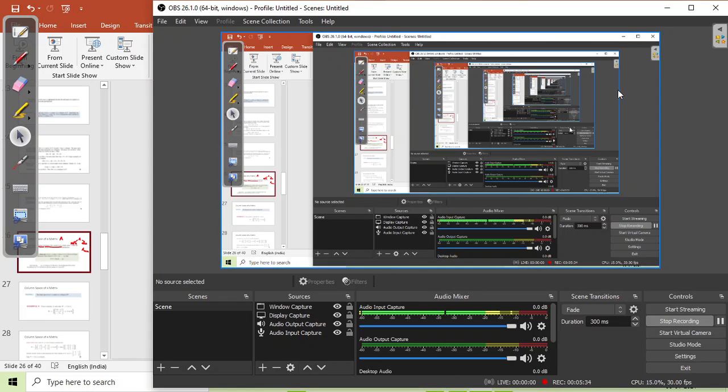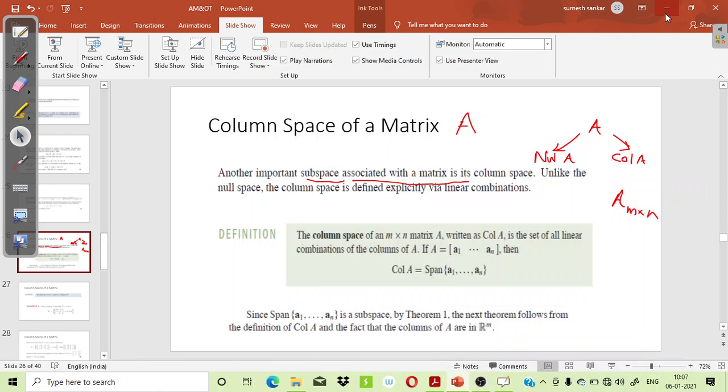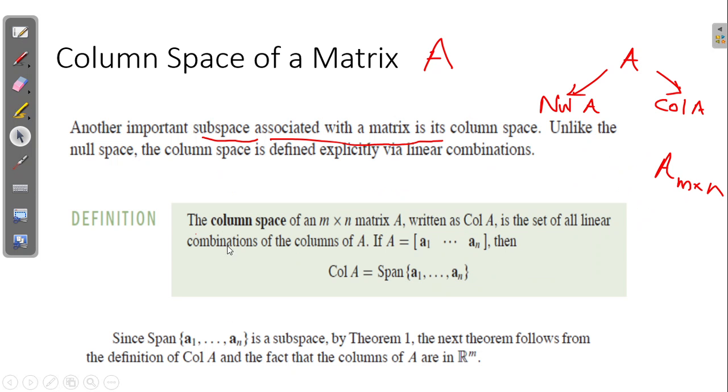Okay, this is how you have to visualize the definition, in this way you have to picturize this matrix A.